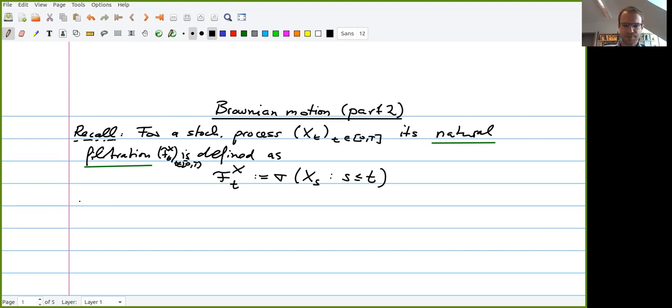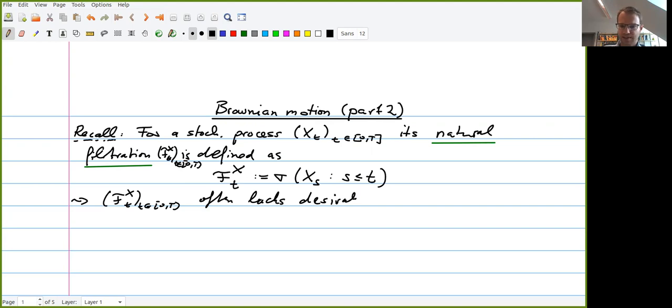But the issue is F^X_t often does not have the desired regularity condition.